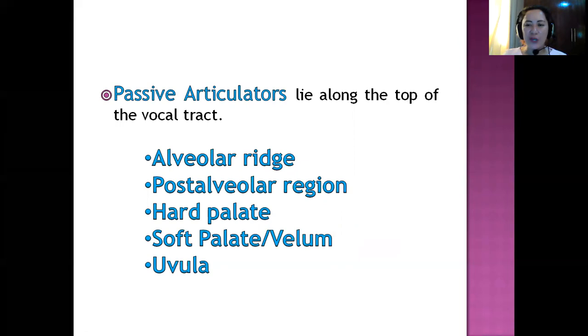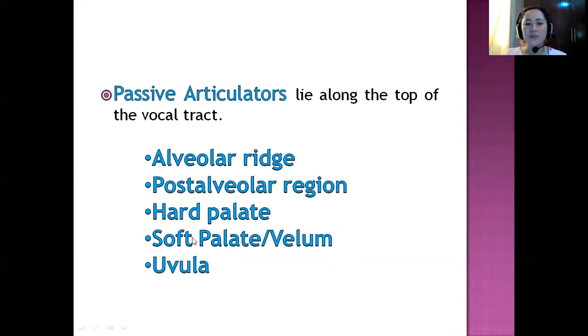If you feel a bony part at the back of your upper teeth, that's the alveolar ridge. It's rough here. And if you move a little backward, you can feel an arc, still a bony part. That's the post-alveolar region, the sliding part.